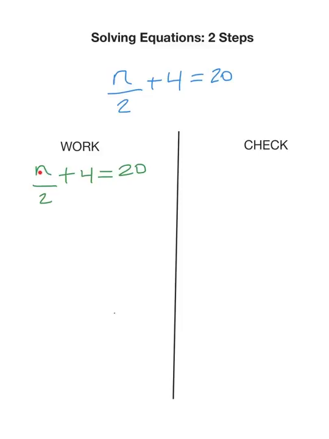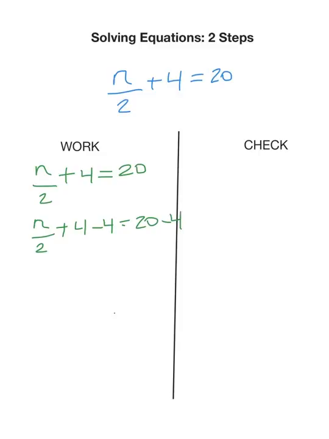Well, just like in the previous example, we're going to begin with this plus 4 over here. So how can we get rid of this plus 4? Well, in order to get rid of this plus 4, we should subtract 4 from both sides. So we write it as n divided by 2 plus 4 minus 4 equals 20 minus 4.